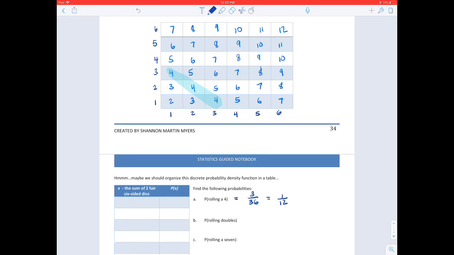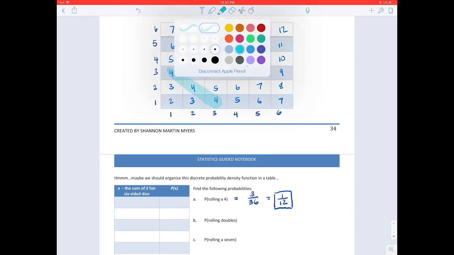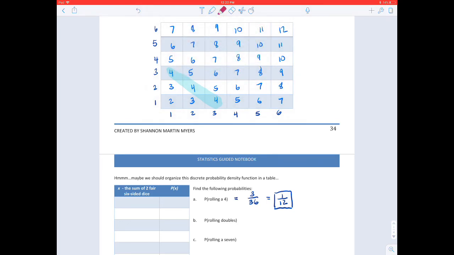Cool, cool? All right. What about the probability of rolling doubles? Good. The doubles are all here, aren't they?